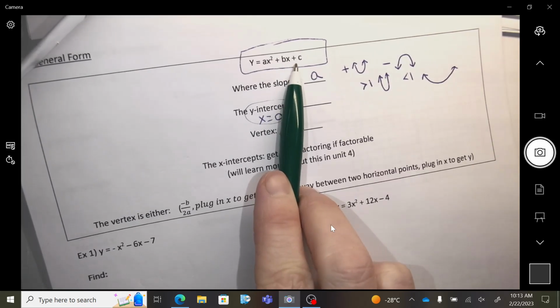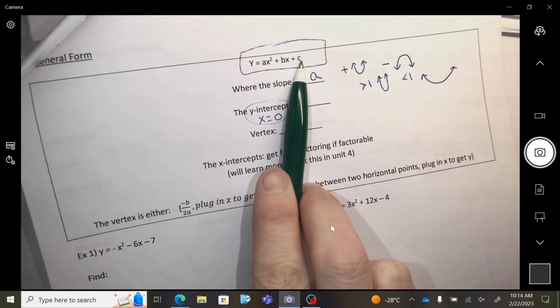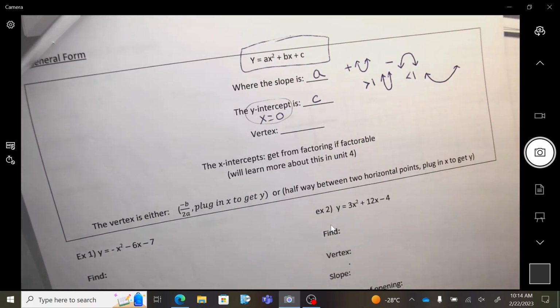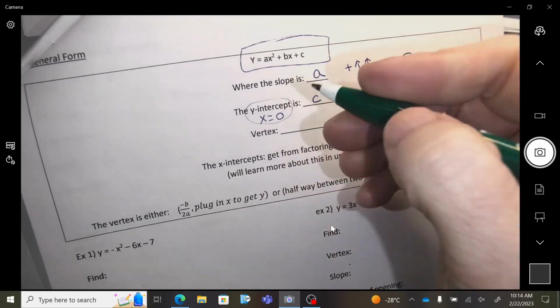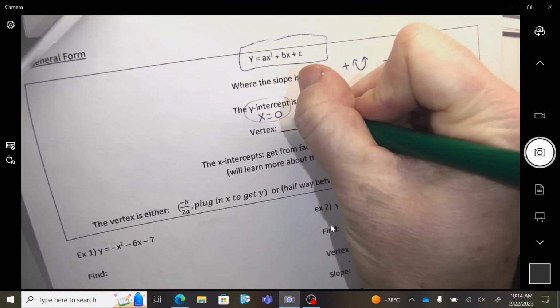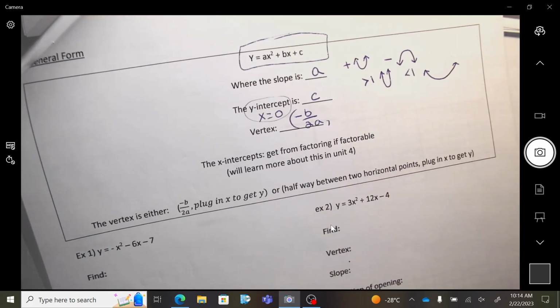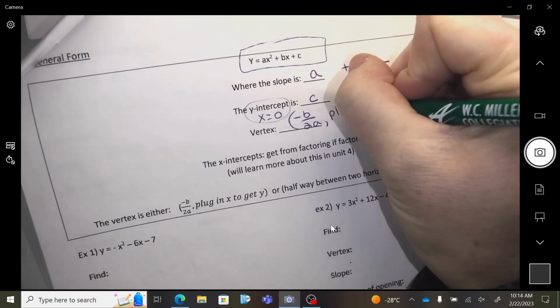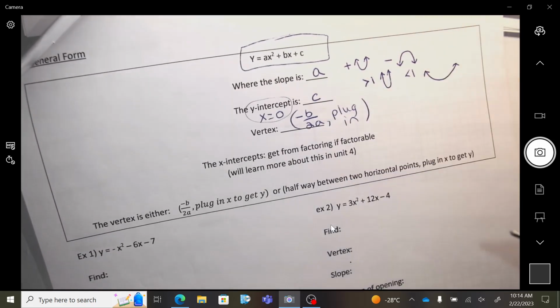And the result would be the last number here, c. Okay, the vertex, so obviously I have no h's and k's in this formula. We're going to be doing a different method here. Negative b divided by 2a, comma, plug in.